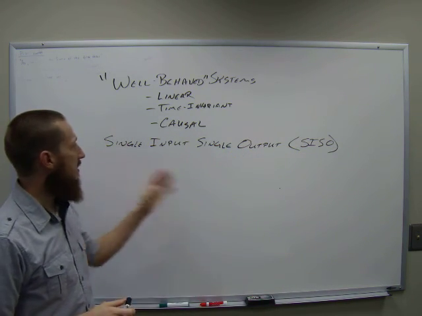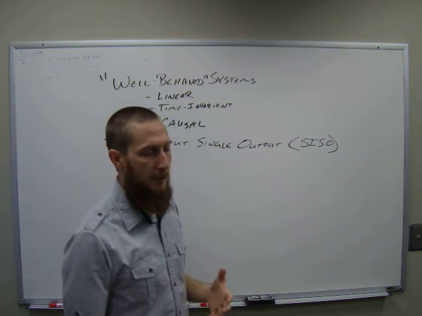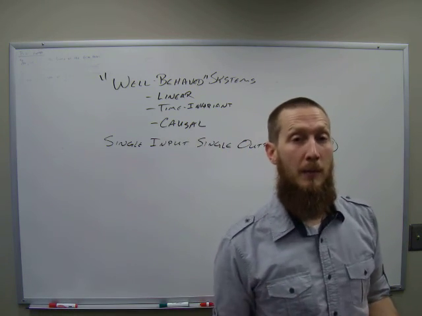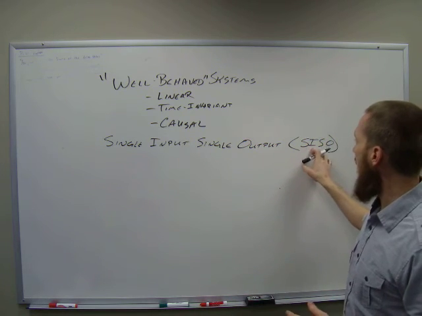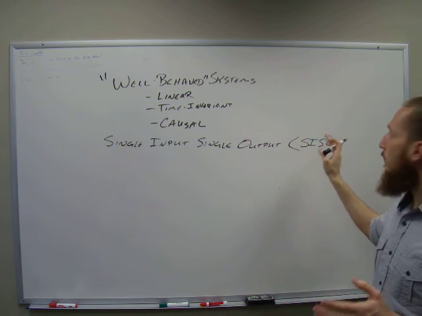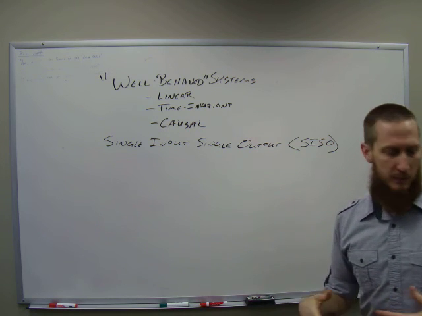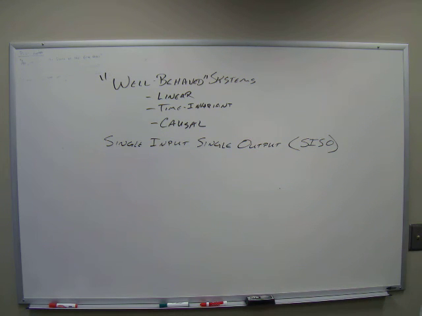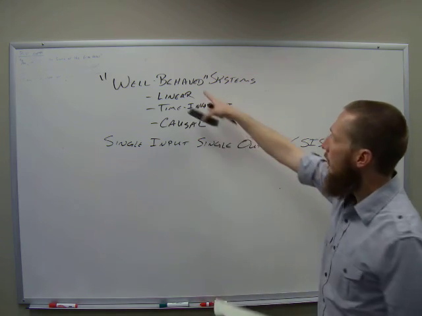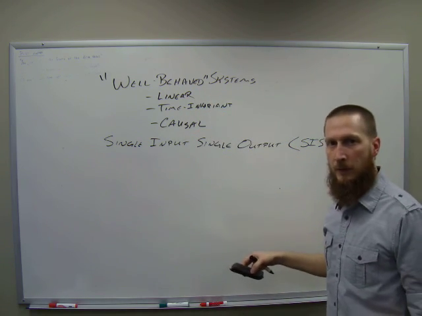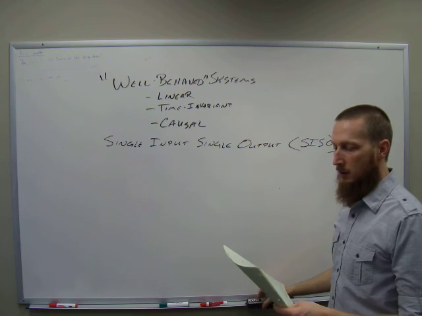We're going to focus on SISO systems for this class. If we get far enough ahead, we might go to some MIMO, which is multiple input, multiple output, and then there's also single input, multiple output, and multiple input, single output systems. Those are the standard types. Alright, so, well-behaved system. What is linearity?